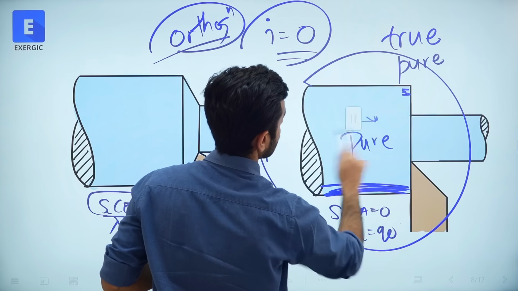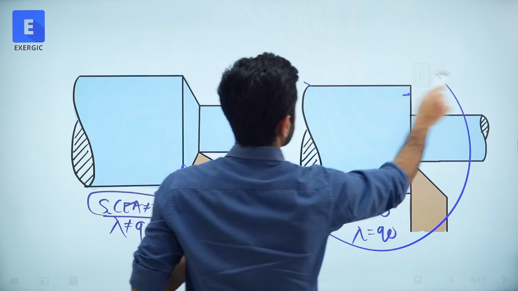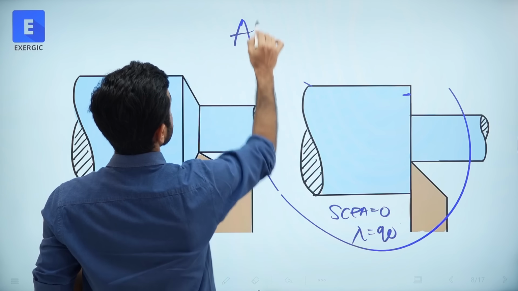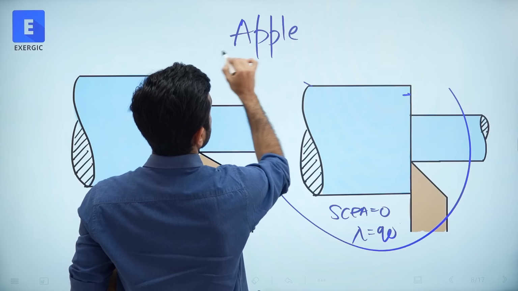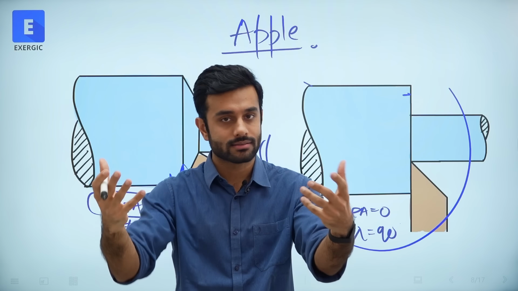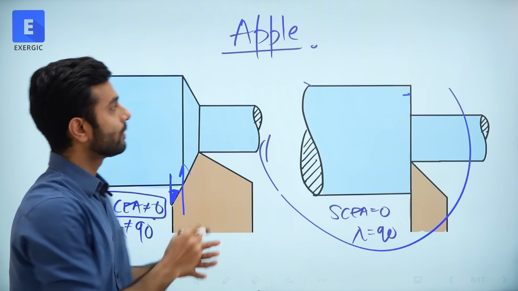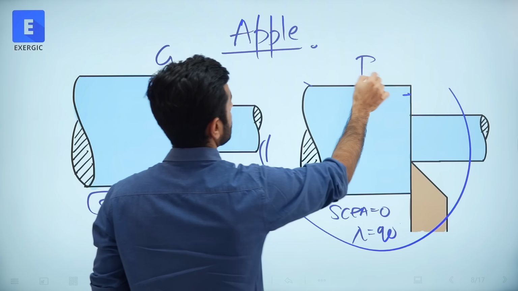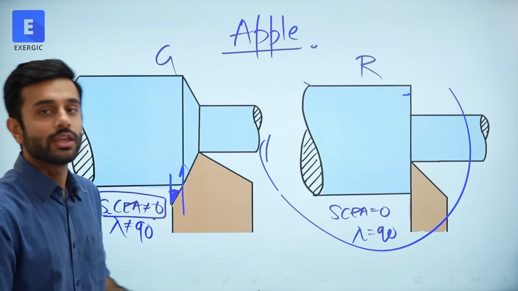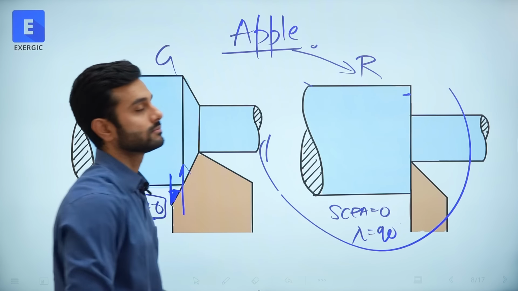Let me explain that to you in a slightly different manner. Suppose the big category is apple. Okay. And there are two different colors in which apples are being sold. One is green, another is red. What you are doing currently is saying that if the question mentions apple, it has to be red only.